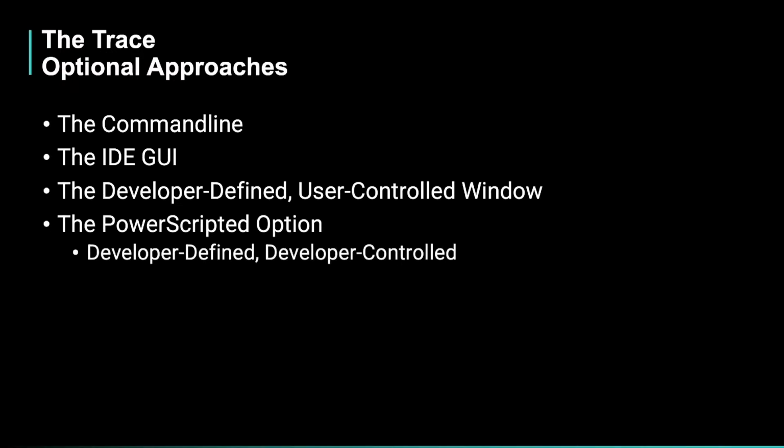And this Powerscripted option is developer-defined by you and developer-controlled as far as its granularity, or lack thereof. So let's talk about the command line approach. You can generate an external trace profile file by just executing your executable on the command line with the pb-debug switch.